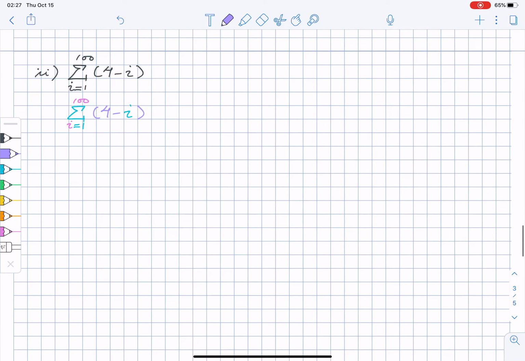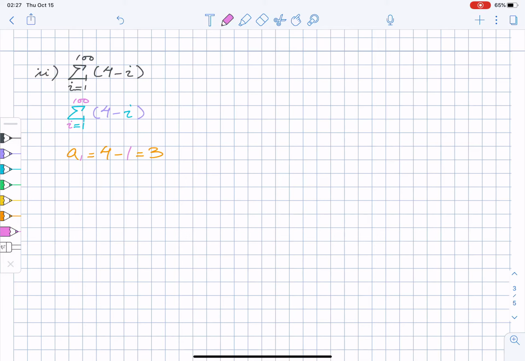Okay, so what is a sub 1, the first term? A sub 1 is going to be 4 minus 1, which is 3.